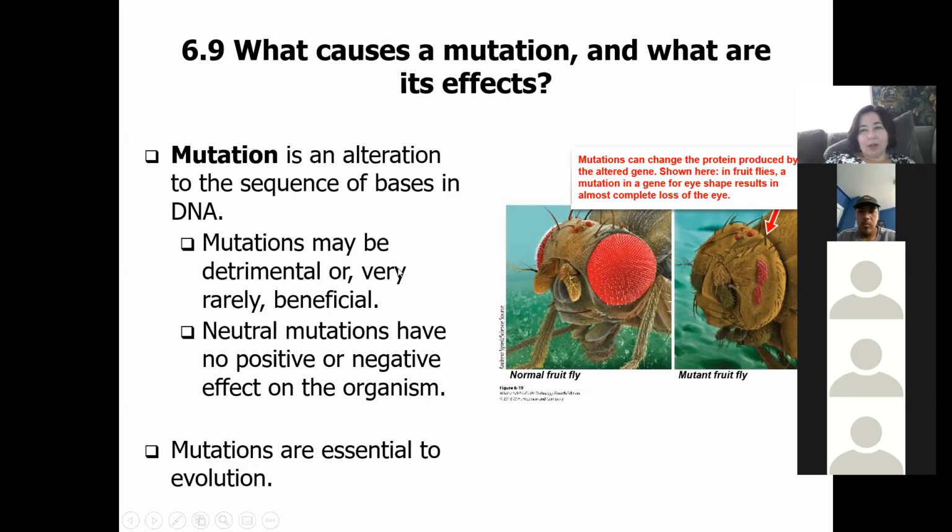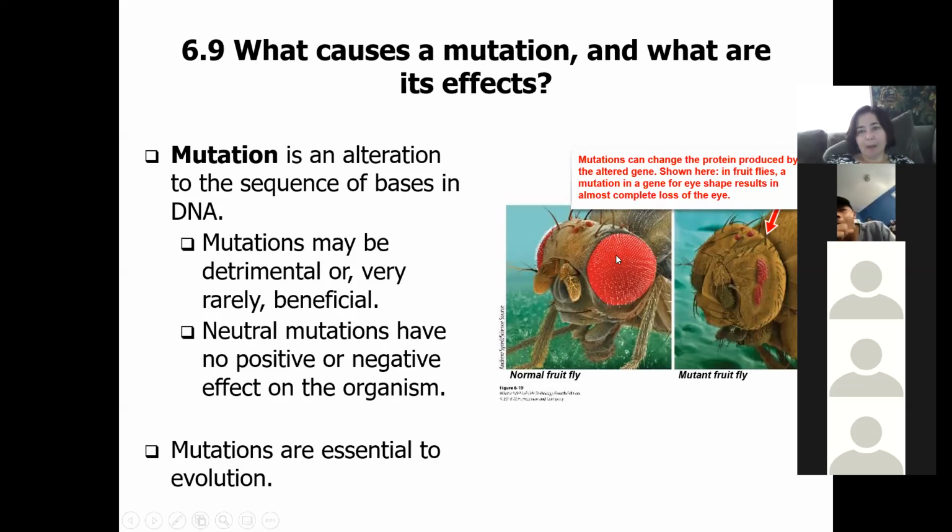Mutations are usually not really beneficial. It depends on the mutation, but some mutations could be quite neutral, don't do much. But mutations, change in the genes, are also considered a driving force in evolution, but it usually takes a long time to see their effects.